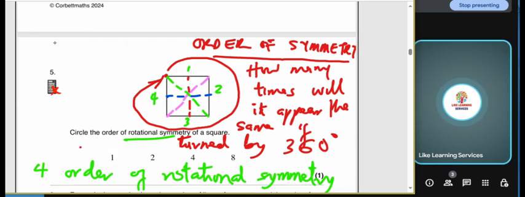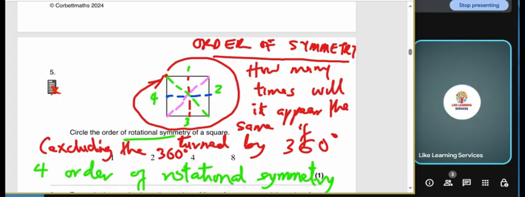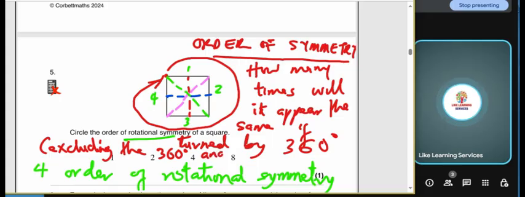So can I say excluding the 360 degree turn, so that you don't count twice? Excluding the 360 degree angle. Do you understand what I mean? Because if you're going to add it, it means you'll be adding it 2 times. So excluding the 360 degree angle.